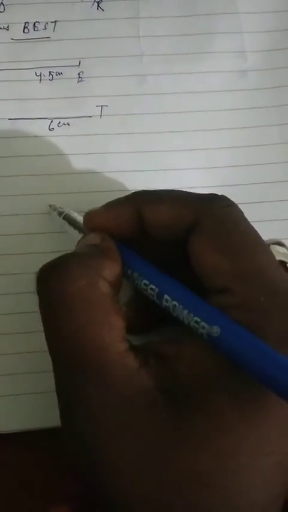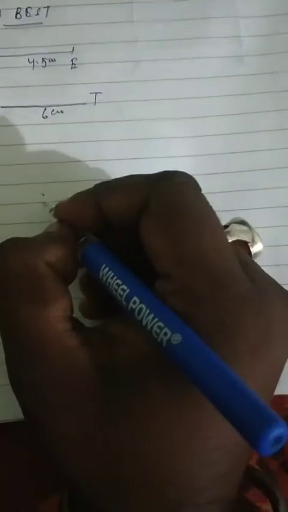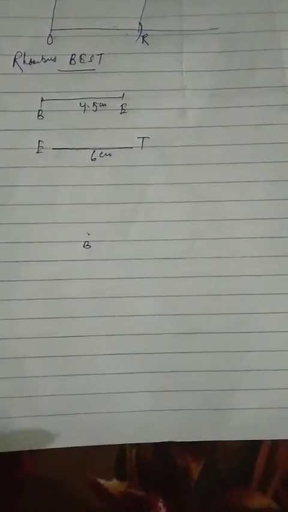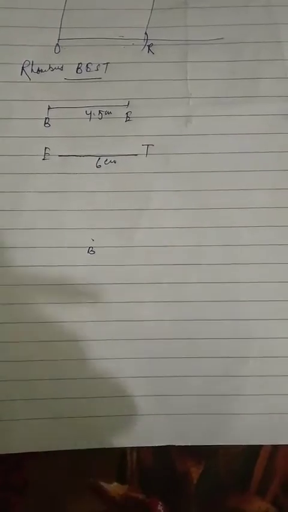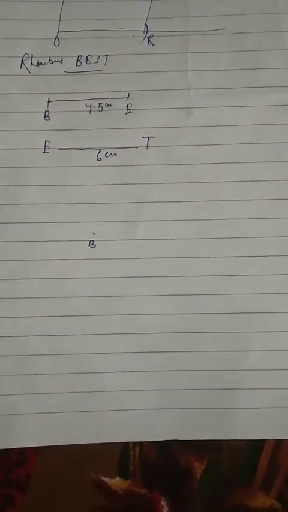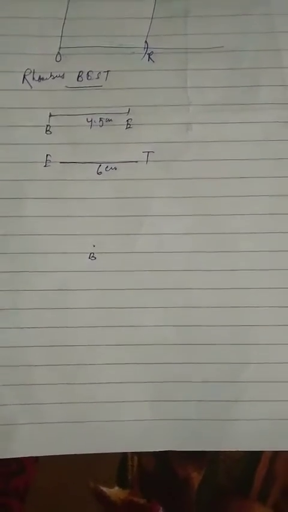I want to form it in this way: B, E, S, T. Here we can see that the measure of one side is 4.5 centimeter. As we all know, a rhombus has all sides of equal measure, just like a square.